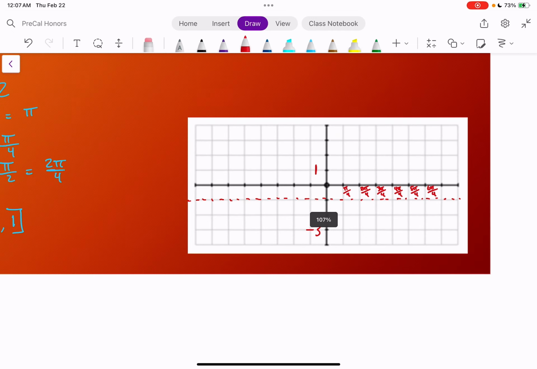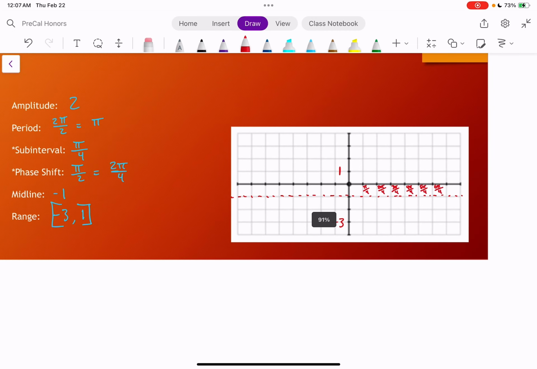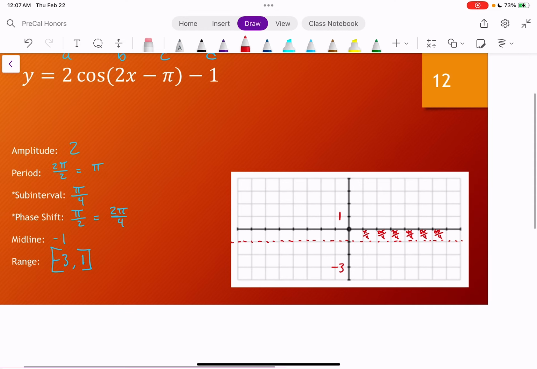Now, once again, we still have the same period, which is a distance of pi. Since we are beginning with 2 pi over 4, first thing we're going to take a look at is our equation.